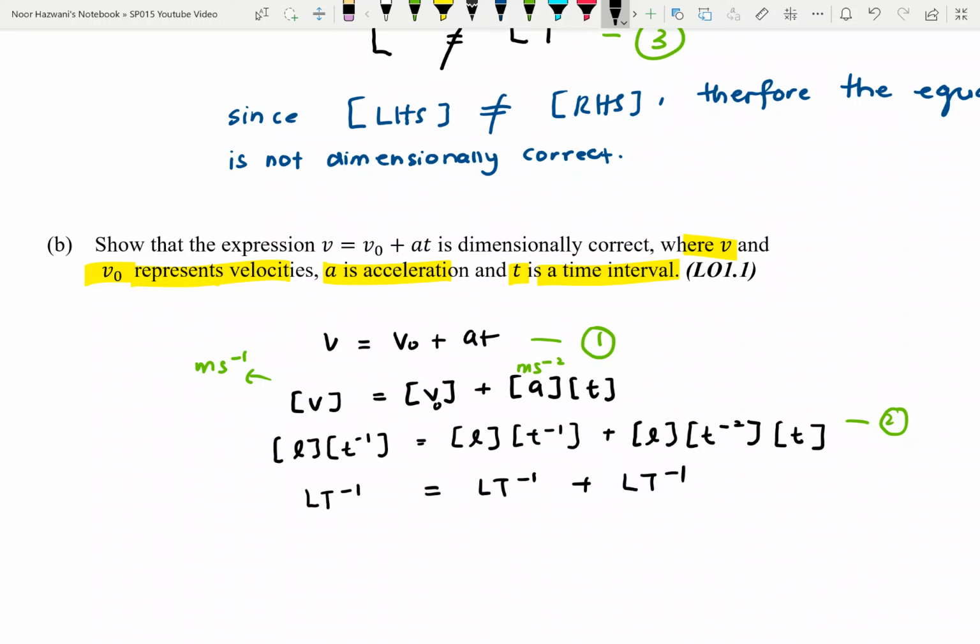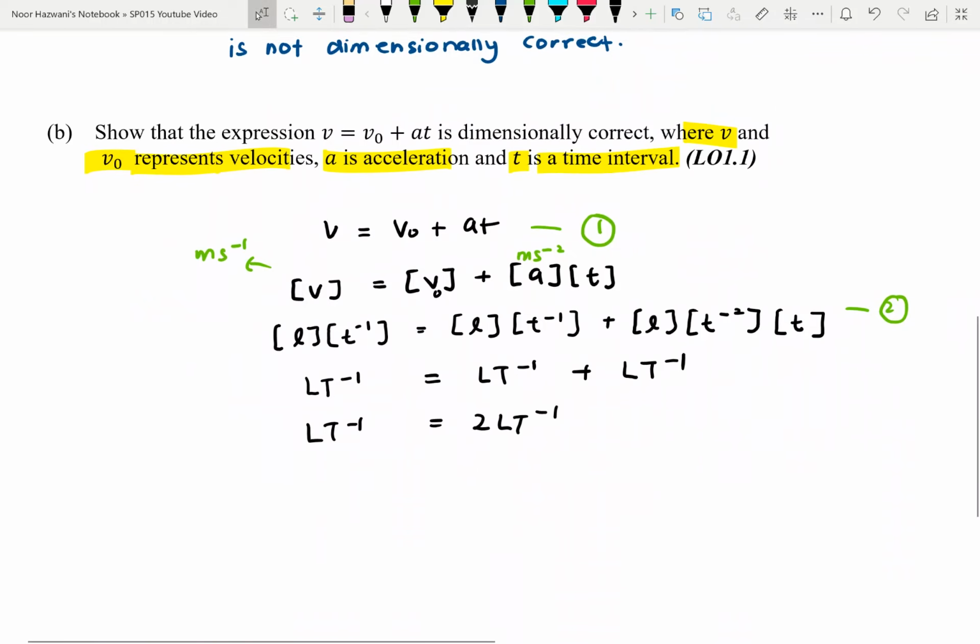So basically you will get LT^-1 here. Here you get LT^-1 plus LT^-1, so you will get 2LT^-1. But remember, even though we have a number, a number is dimensionless. So basically the dimensions of the left-hand side and the right-hand side are the same. Left you get LT^-1, and right-hand side you also get LT^-1. The 2 is just a number, so it is dimensionless.